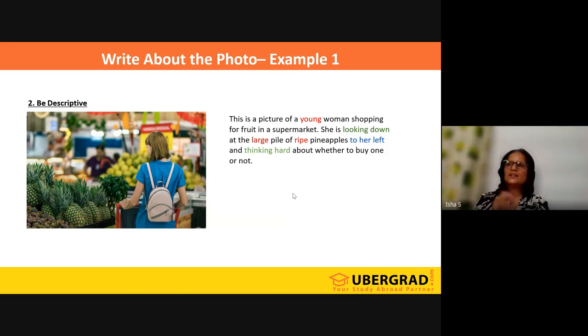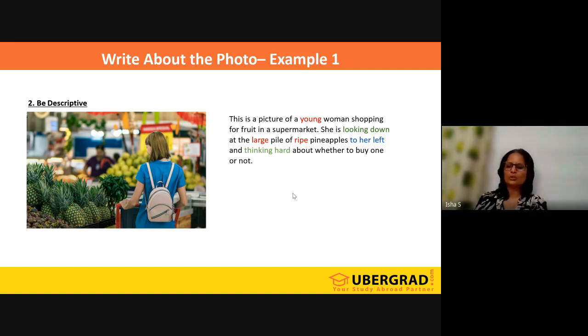Now you can see, as I said, you can use certain adjectives when describing a person. What is an adjective? An adjective modifies and gives more information about a noun or pronoun. This is a picture of a young woman. She looks young. A woman shopping for fruit in a supermarket.